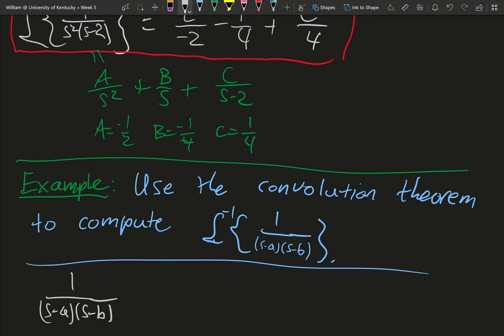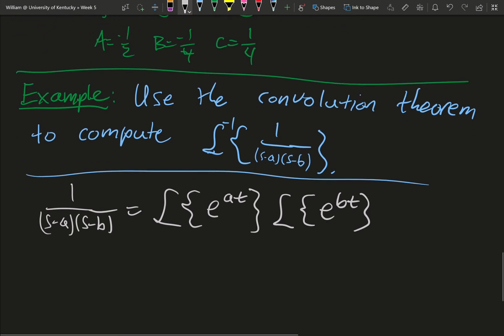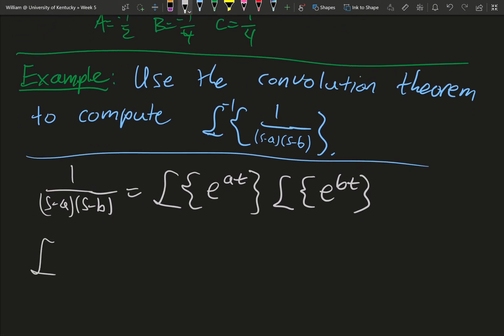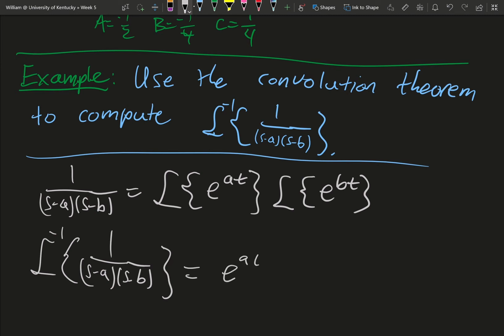So we note this is the product of the Laplace transform of e to the at and the Laplace transform of e to the bt. And so we get that the inverse Laplace of this thing is the convolution of e to the at with e to the bt.